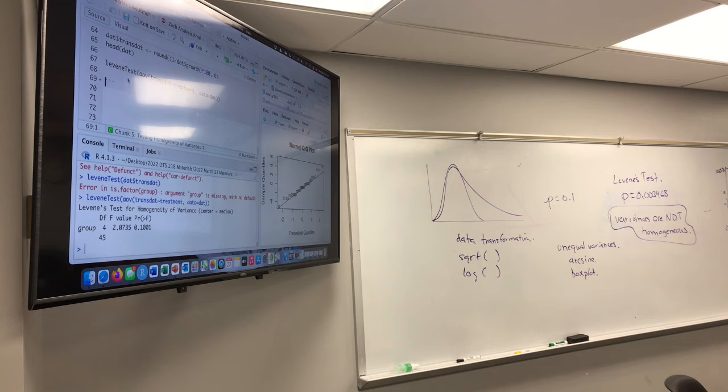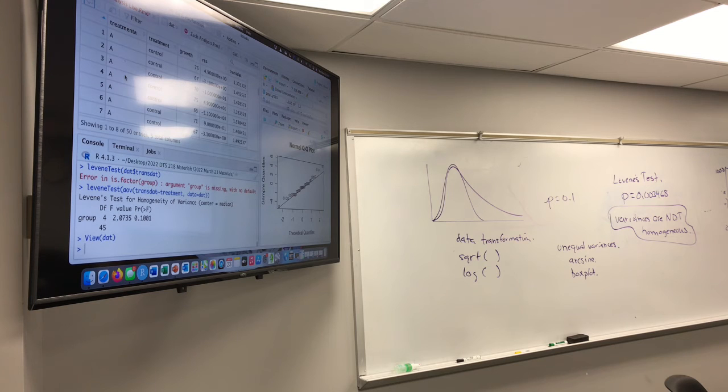So let's go back and just view the data file. It'll produce it in a table, and we can see that the transformed data all has way smaller variances than it had before.